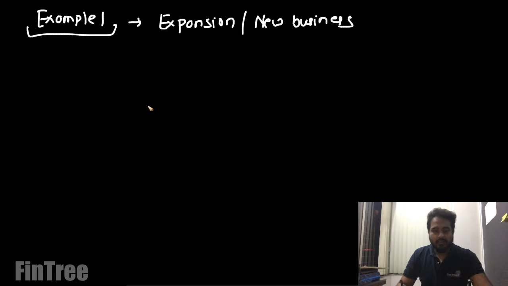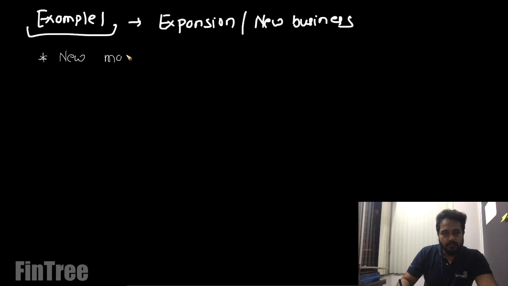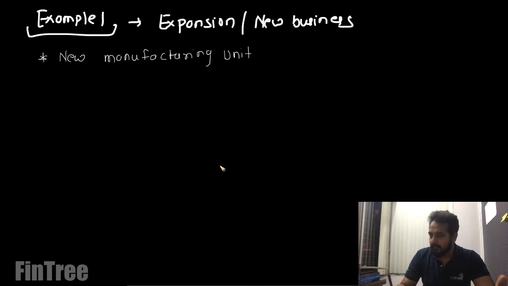So you have decided to start a new, let's say IT, no, let's not do IT company. You have decided to start a new manufacturing unit. So what I will do is numbers I will write in a larger font and description I'll write in a smaller font so that I'll be able to make use of my screen properly.